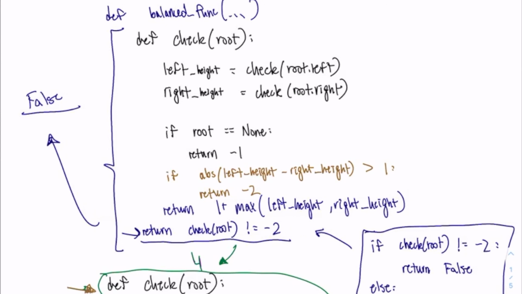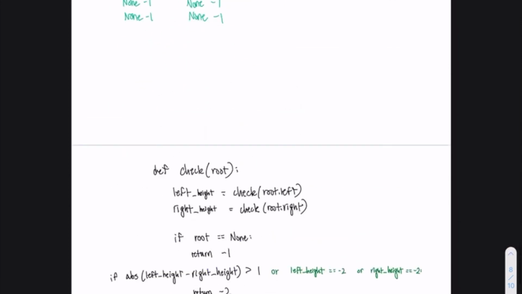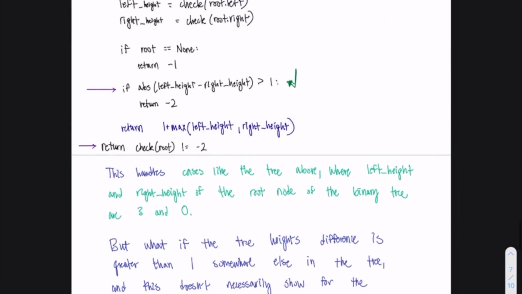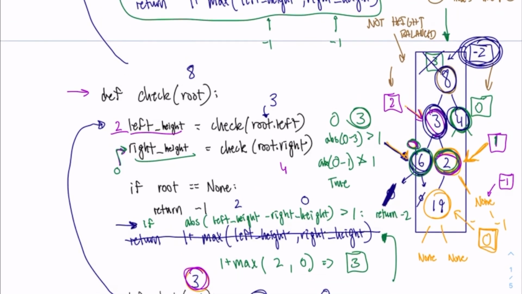And that's pretty much the gist of it, except for one more element, which is the fact that this binary tree doesn't account for circumstances where -2 occurs in, let's say, for example, 6 and 2.